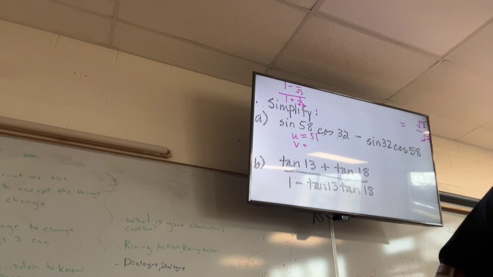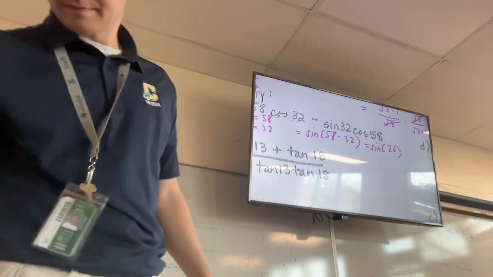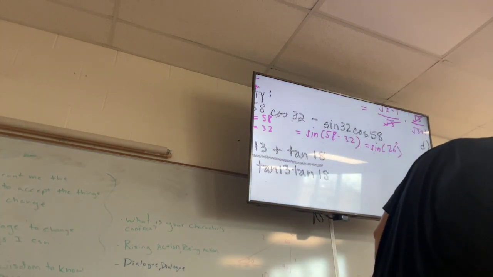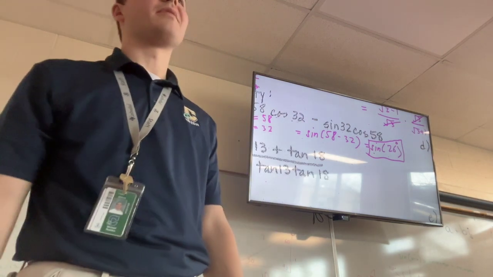And what's my v equal to? 32. So this expression equals sine of 58 minus 32 degrees. Which is what? Sine of 36? 26, sorry. So this simplifies down to sine of 26 degrees. That's my answer, okay? So this stuff's a little better than 5.1 and 5.2.